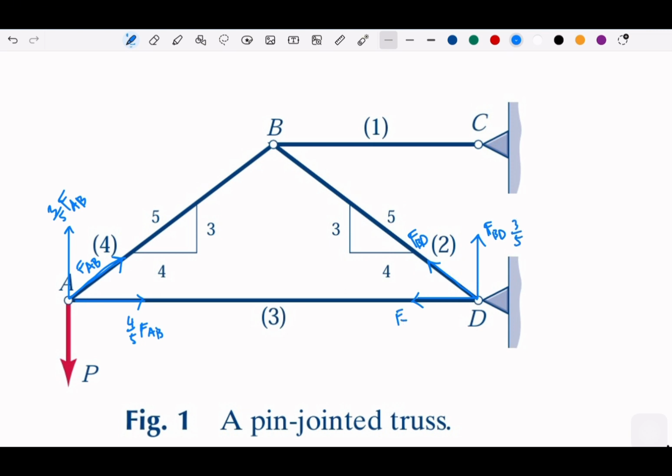This is also the same, but this is 4/5. Let me write 3/5 FBD. Okay. Now let's say this is going to be the FBC.